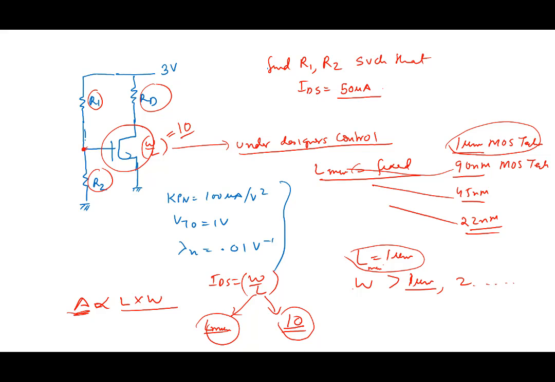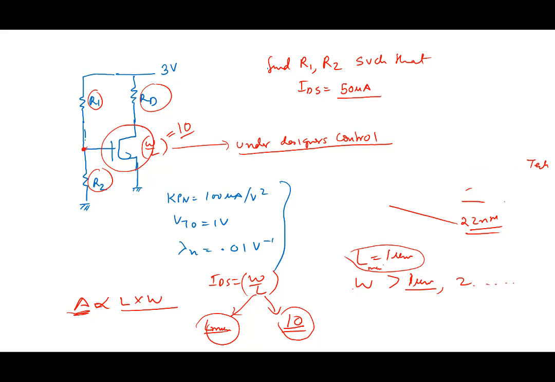Let's suppose for our discussion we are using an older technology, say a 180 nanometer technology. It doesn't matter, but let's say we are using 180 nanometer technology. So L minimum will be 180. You will use L equal to 180, and W you will use equal to 1800 nanometer. Okay.